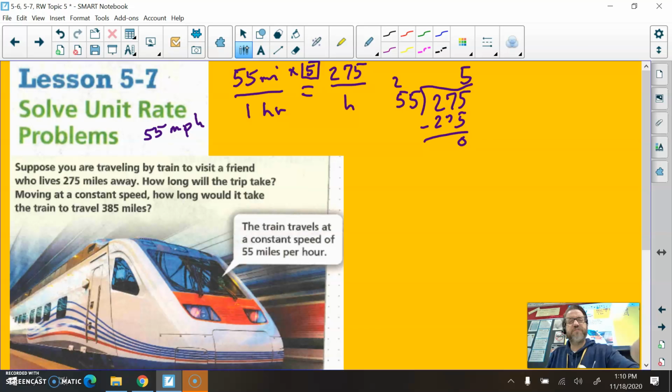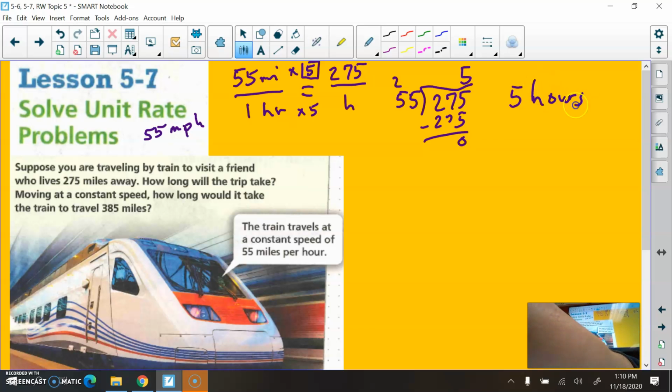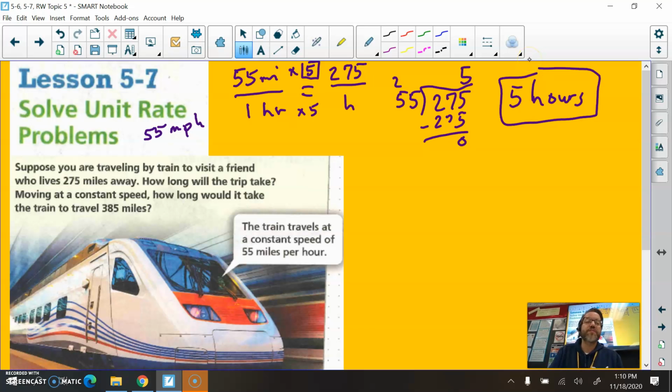So if we're going at 55 miles per hour, take that times 5, and you can see it will take 5 hours to travel that distance of 275 miles. Okay? So yeah, 5 hours would be the answer there.